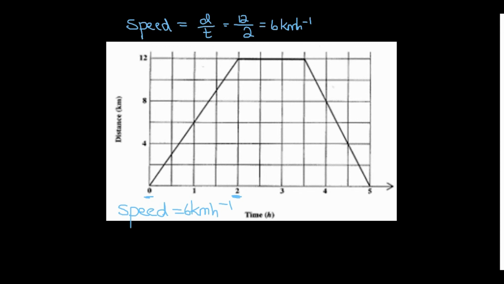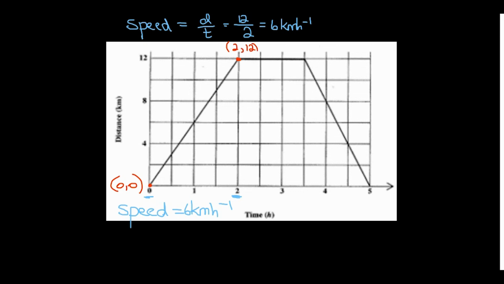So you'd consider the starting point 0, 0, and you can also take the coordinates for this point, and at this point it's 2 hours and 12 kilometers.